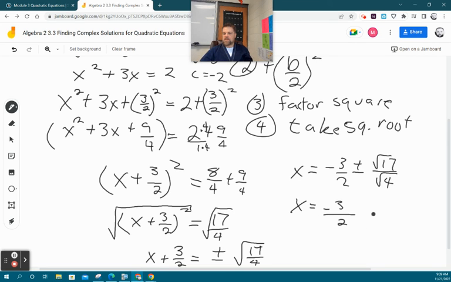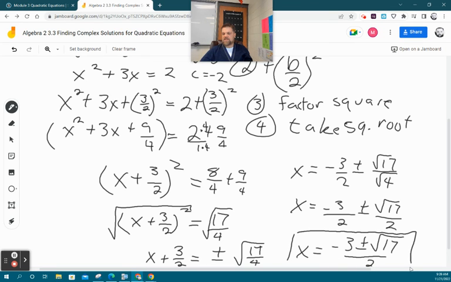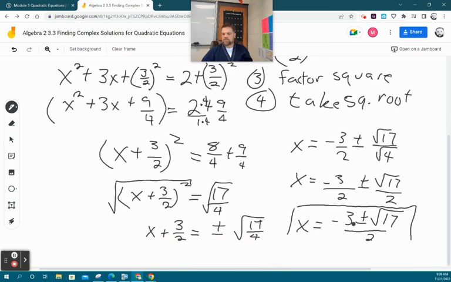The square root of 4 is 2, so this is plus or minus the square root of 17 over 2. And because they're the same denominator, I could literally write it like this. Plus or minus the square root of 17 all over 2. Now that sounds and seems weird, but that is the solution.